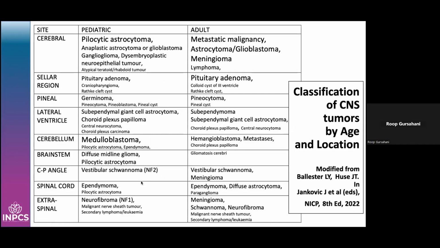Now, if you look at CNS tumors, they differ according to age, and they differ according to location. But probably the biggest are the ones in big letters here. So in younger childhood, pilocytic astrocytoma and medulloblastoma. But for adults, it is metastatic malignancy, glial tumors, meningioma, and pituitary adenoma.